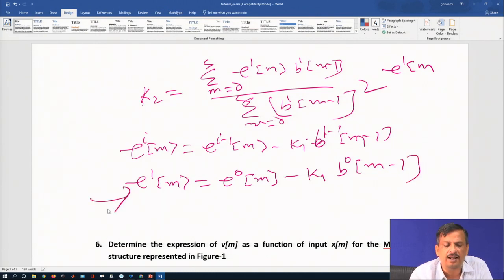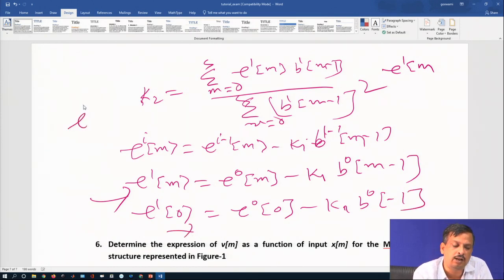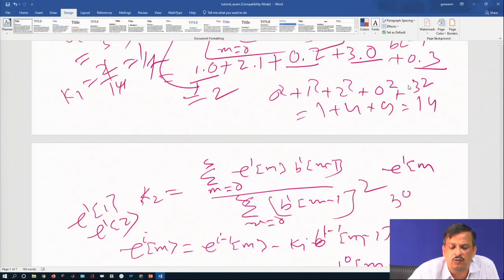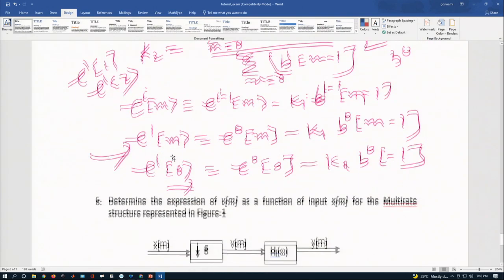So from there I can calculate E1 0 is equal to E0 0 minus K1 into B0 minus 1. So from there I can calculate E1 0, E1 1, E1 2. Similarly, I can calculate B1 0, B1 1, B1 2. Then once I get that B1 and E1, I can calculate the value of K2. So that requires a calculation.